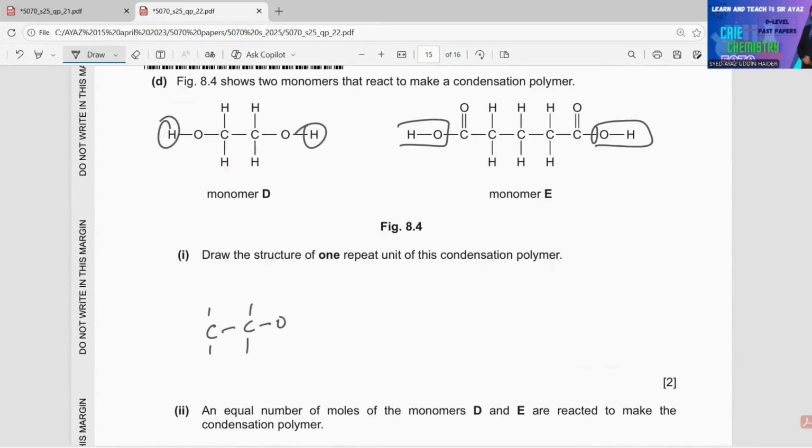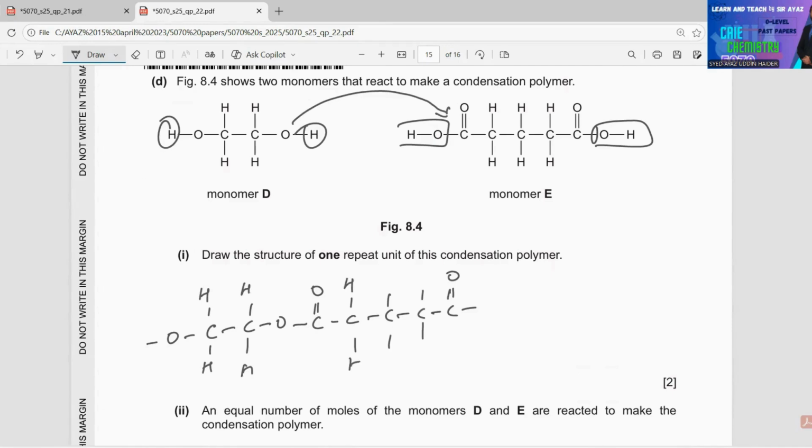Remember, O will be joined with this C double bond O. And we have 3 carbon atoms. 1, 2, 3. The last one will be shown like this. So this will be the 1 repeat unit for the condensation polymer obtained.